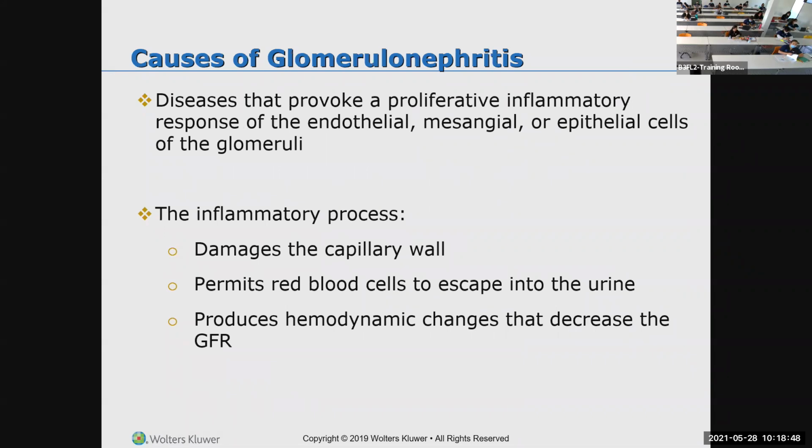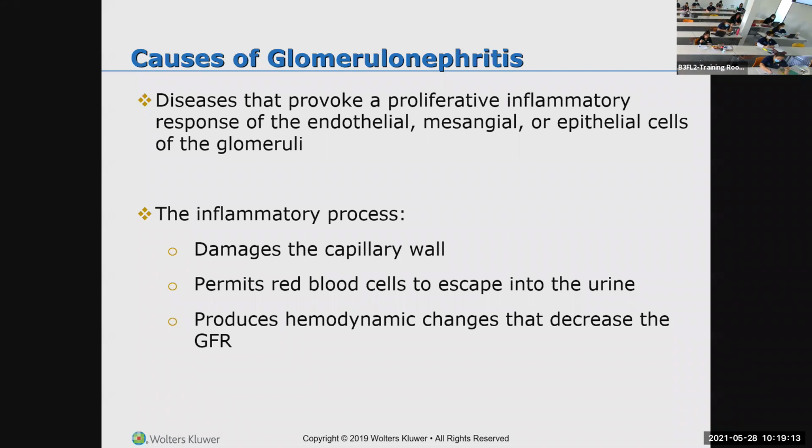Glomerulonephritis is a disease that provokes a proliferative inflammatory response of the endothelial cells, mesangial cells, or epithelial cells of the glomeruli. That leads to an inflammatory process, which damages the capillary wall. Number 2, it permits red blood cells to escape in the urine, which is not normally allowed, and produces hemodynamic changes that decrease my GFR.